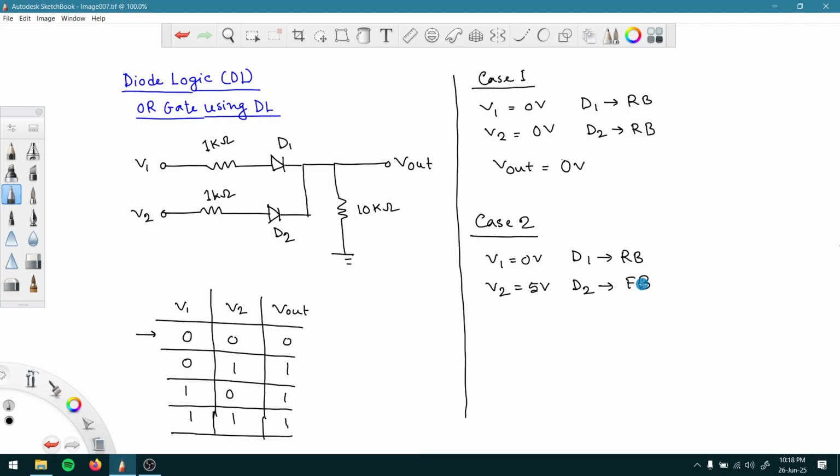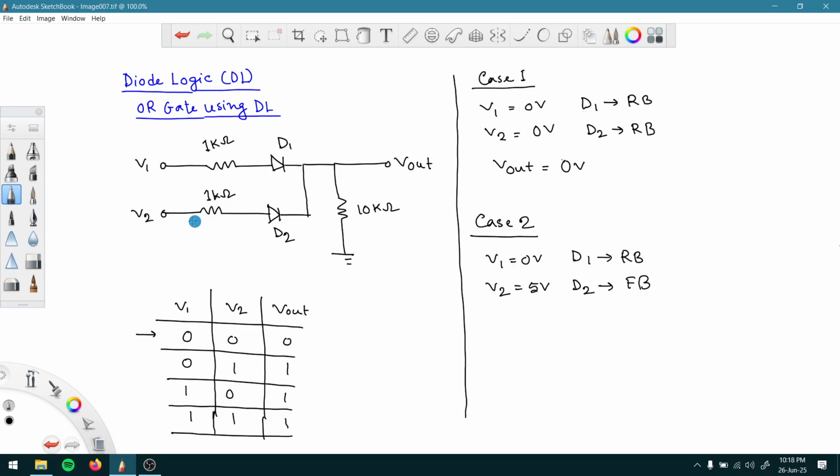If this is the case, can we simplify this circuit? Can we draw an equivalent circuit that represents this whole thing for case 2? To do that, we can omit this path because it is actually open circuited because of this reverse biased diode.